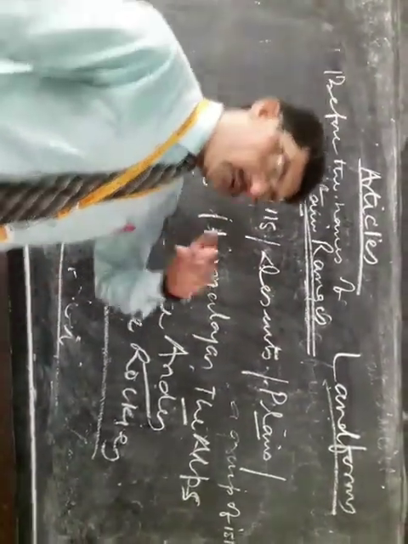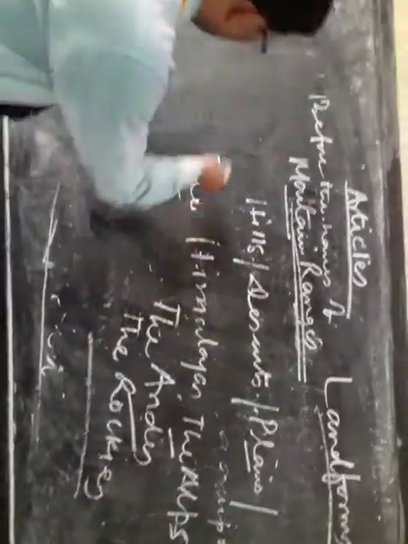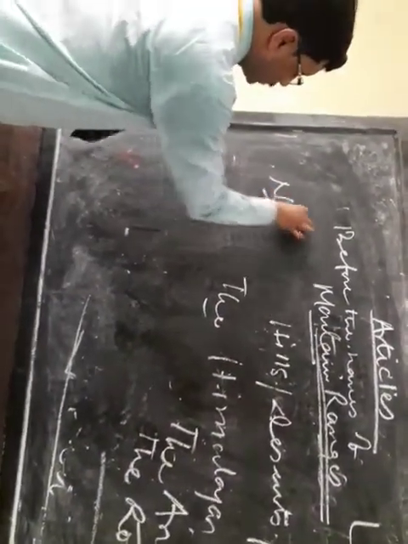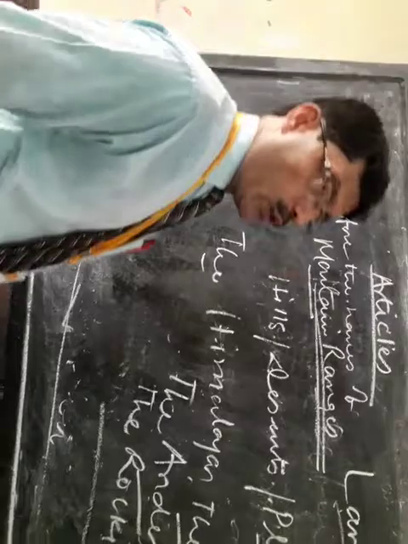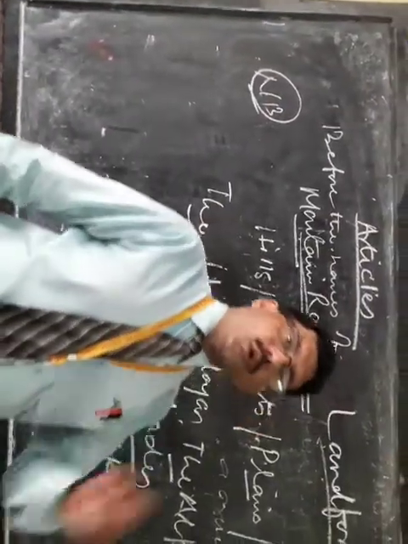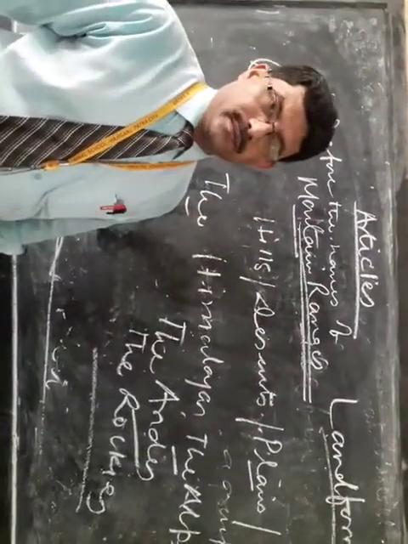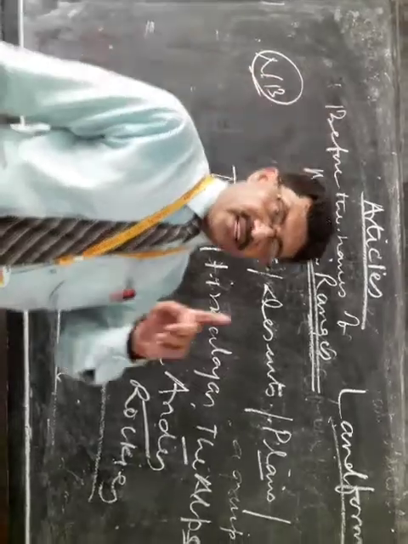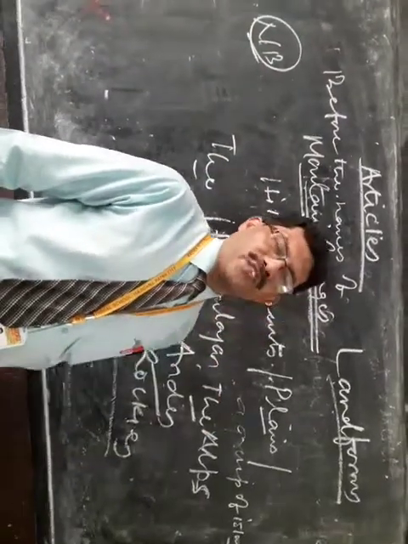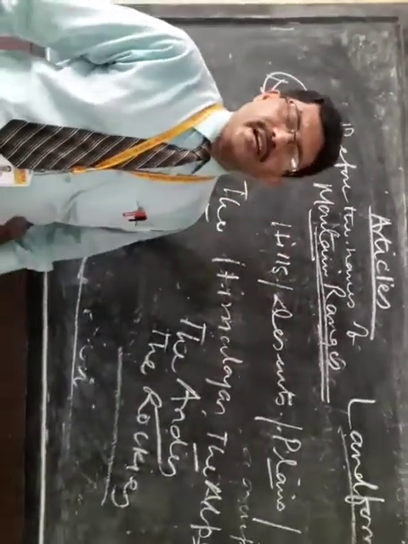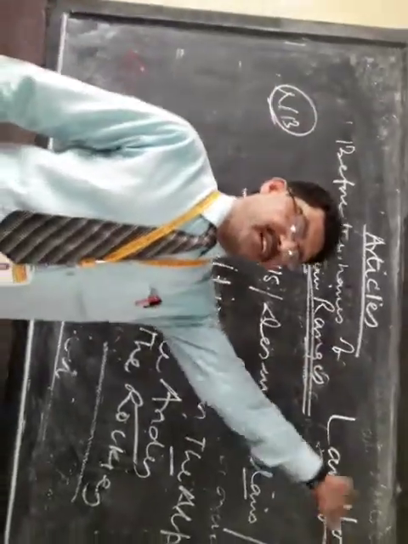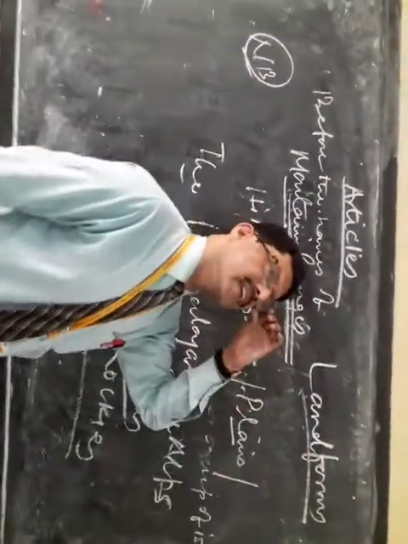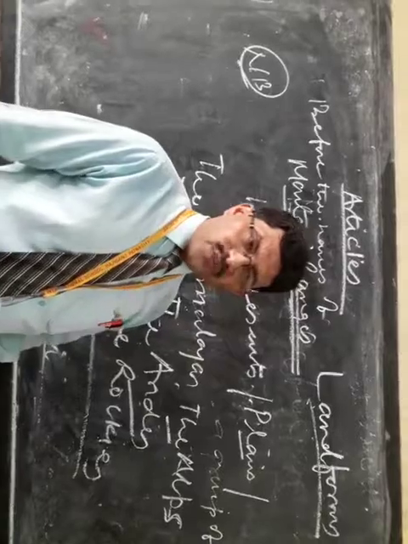One more thing I would like to tell you here. Don't use the article the before the name of a peak of a mountain or of a hill. Like Mount Everest is the highest peak of the Himalayas.